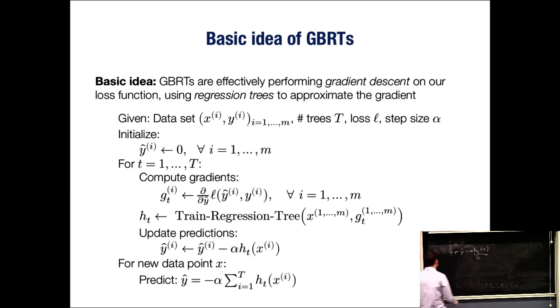And so in other words, this would go from t equals 1 to t. Our final prediction is just going to be y hat equals negative alpha times the sum over t from 1 to t of ht of x. In other words, it is the combination of a bunch of regression tree predictions that predict the gradients.